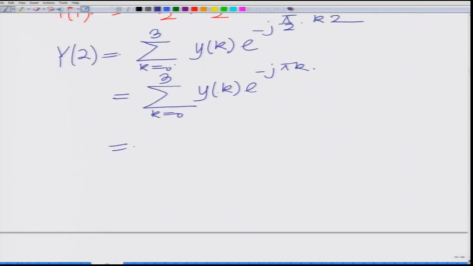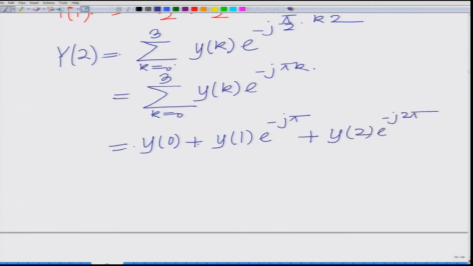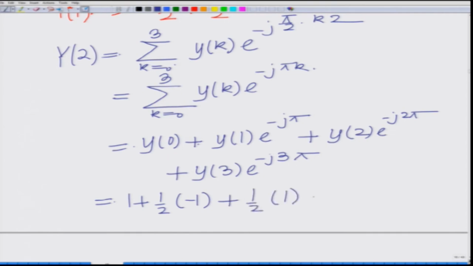So, after correcting this, I have y 0 plus y 1 e raised to minus j pi plus y 2 e raised to minus j 2 pi plus y 3 e raised to minus j 3 pi, which is equal to 1 plus half into minus 1 plus half into 1 plus 1 into minus 1, and now you can see all these cancel.